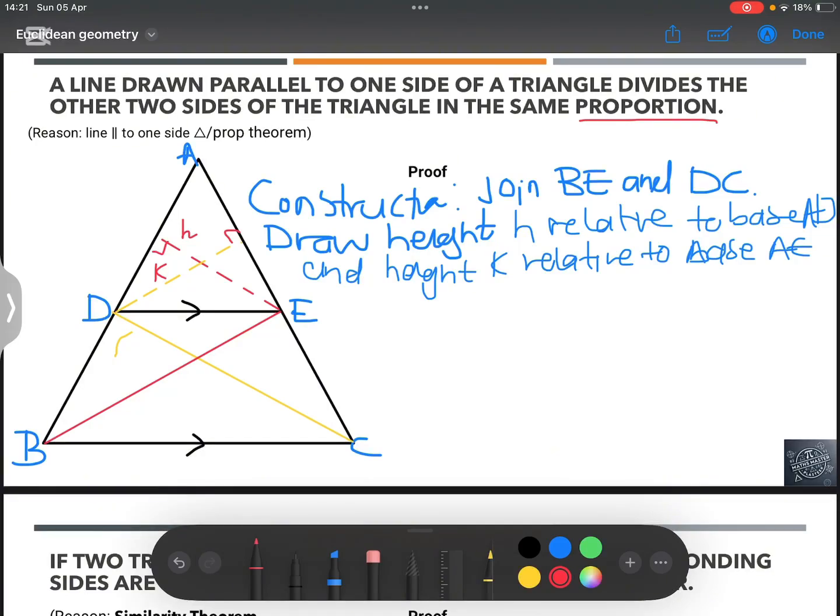So now let's look at the area of a triangle.